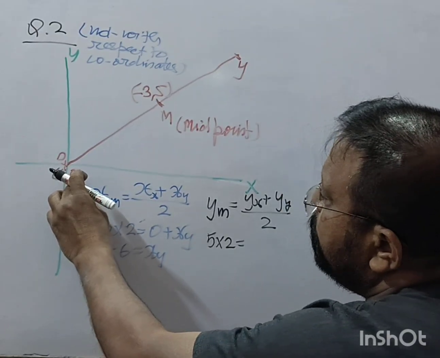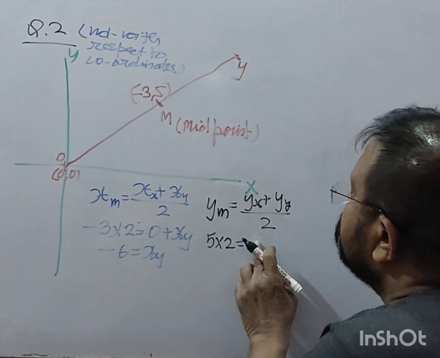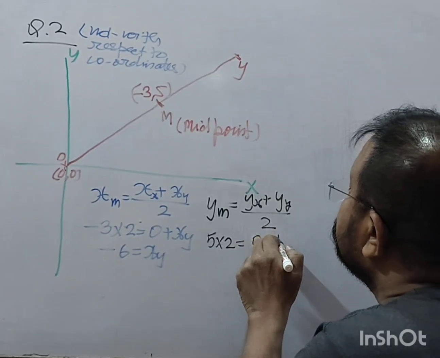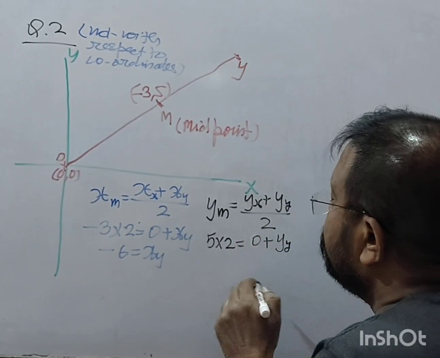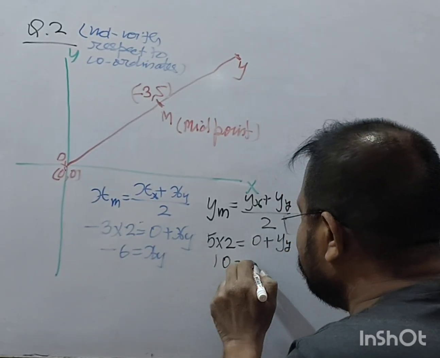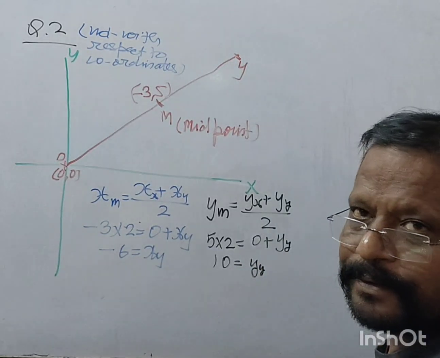so 0 plus y. So how much does this become? 10 is equal to y, right?